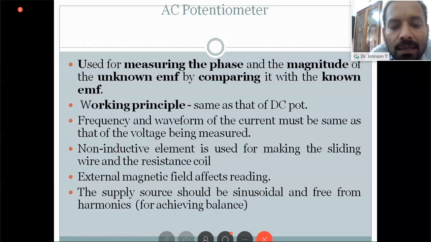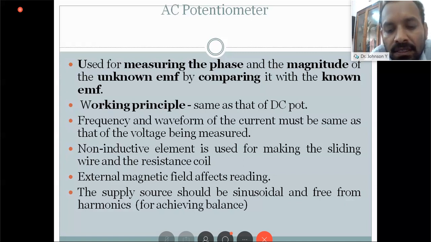And the external magnetic field will affect the readings, because there are a lot of stray magnetic fields around the measurements. Since these are AC quantities, the external magnetic field will have a strong impact on the measurement. That has to be avoided by shielding or other means. And the supply source should be sinusoidal as far as possible.